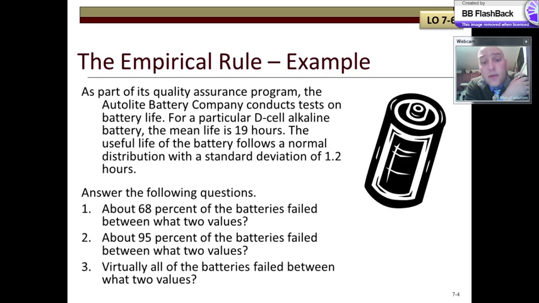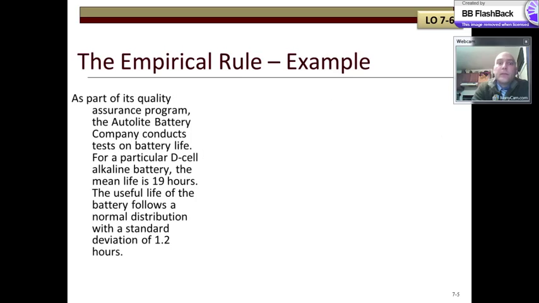About 68% of batteries failed between what two values? About 95% of batteries failed between what two values, and virtually all of the batteries fail between what two values? Now, that's to say, at some point, each of these batteries has a lifespan, and where it ends is how long it lasts. So it's its failure point, or how long it lasts.